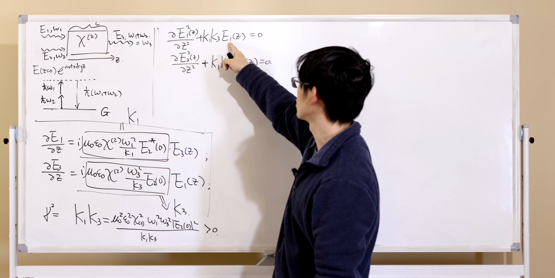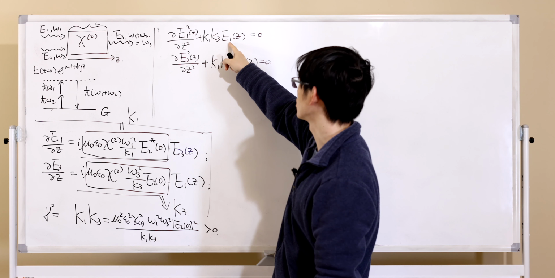And from differential equation, we know that if it's a second order differential equation, you need a boundary condition, the value of E1, E2, E3 here. Also, you need the first order derivative.